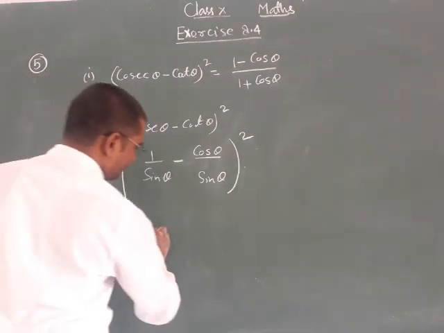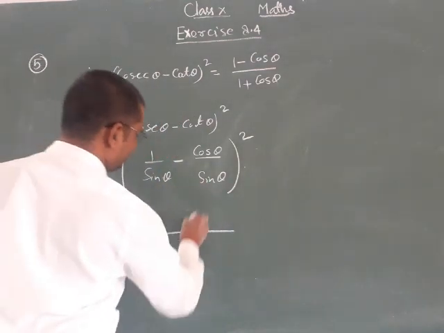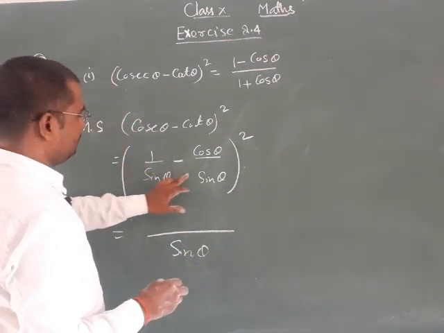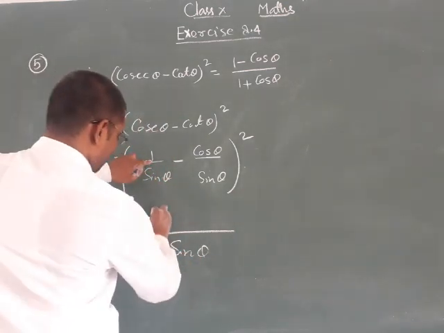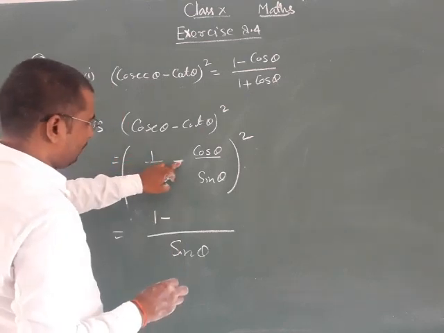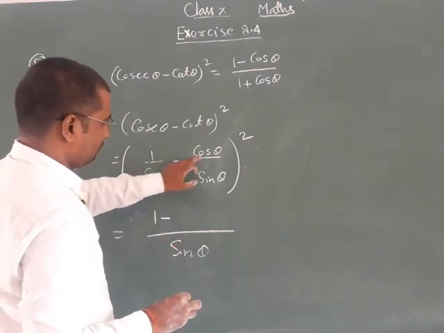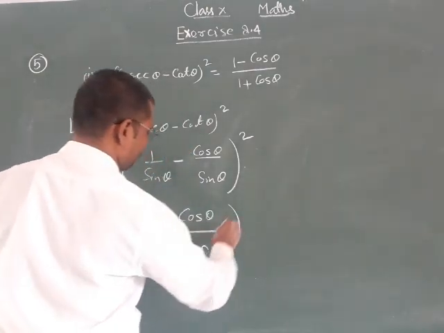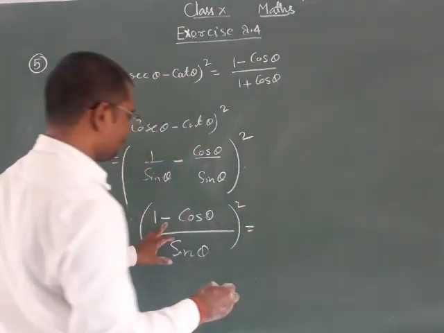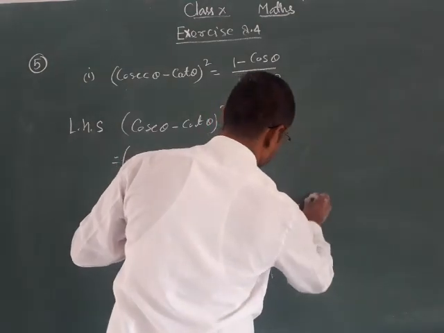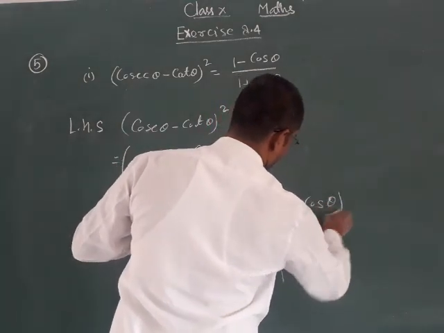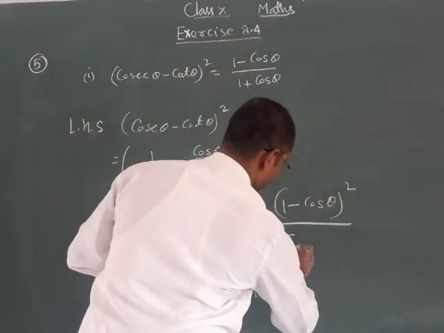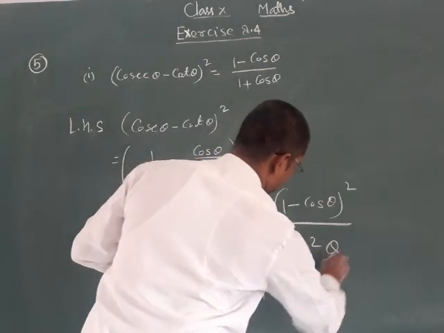So now taking LCM, sin theta, and sin cancels out, remaining 1 minus cos theta whole square upon sin square theta.